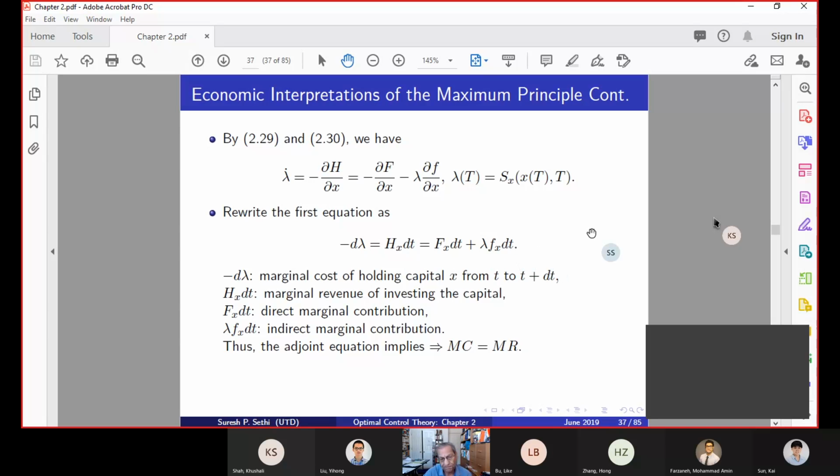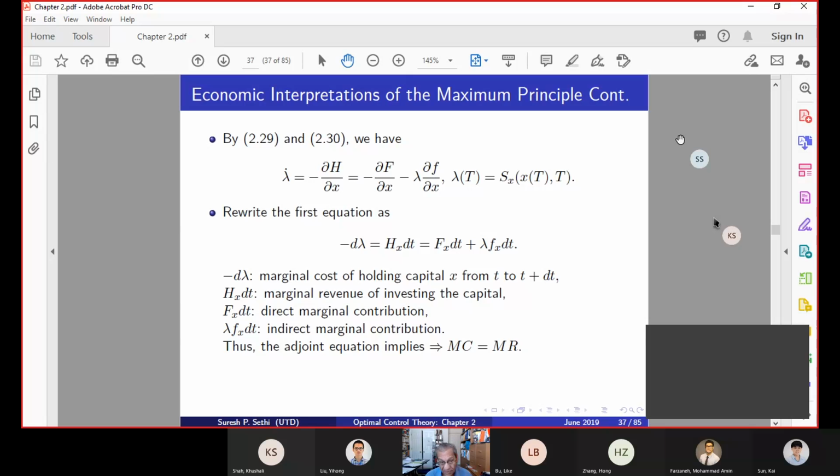So what is minus d lambda? Well, if I hold the capital, its value is lambda right now. If I hold it for a dt period, its value will be lambda plus d lambda.